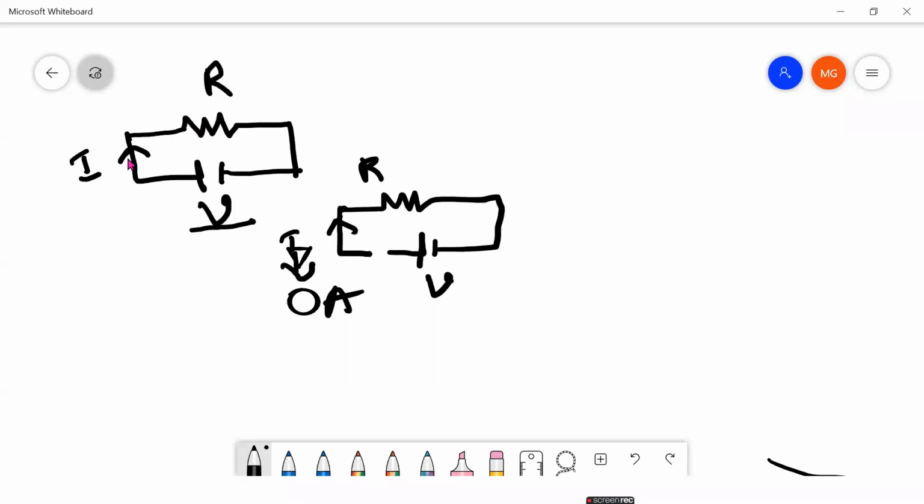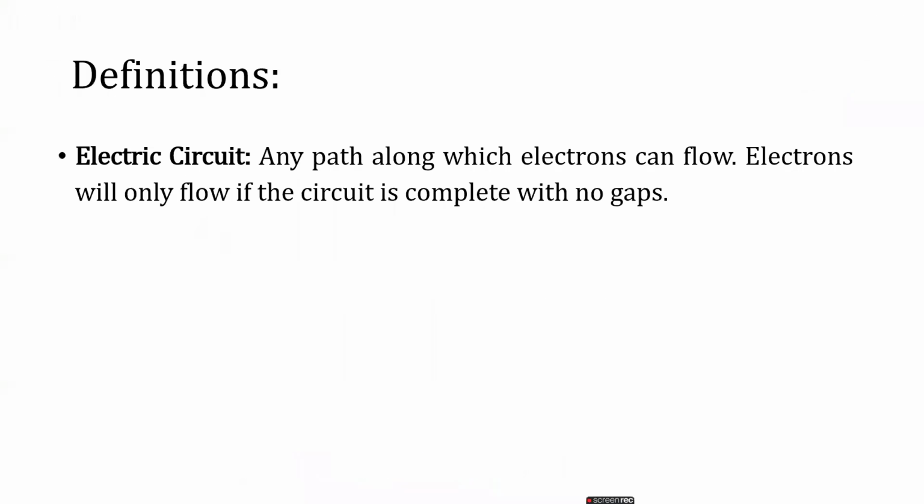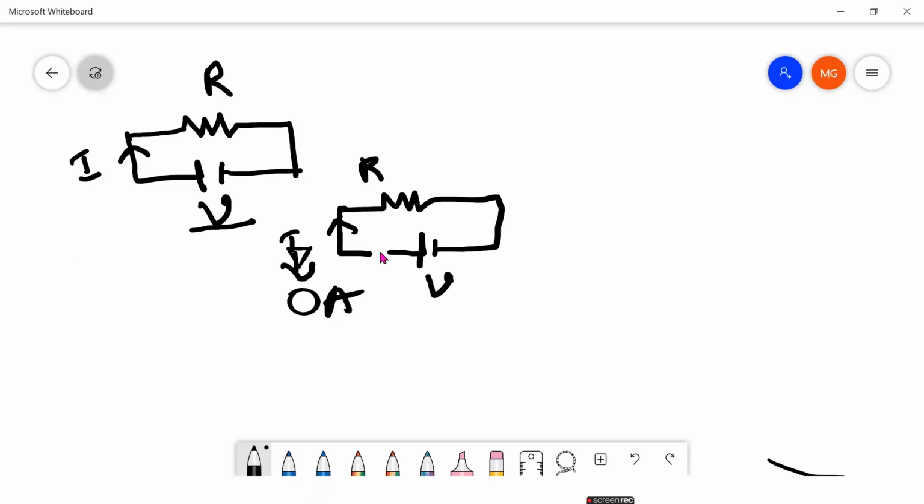You can observe it looks like a circuit, but it is not a circuit because we find the gap here. Then what is it called? What about the first one? We can call it a circuit because there is a complete path for the flow of the electrons. It leaves from one node and reaches the other node.